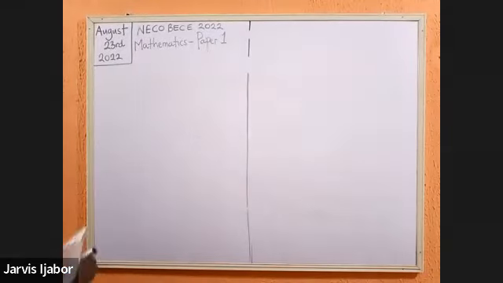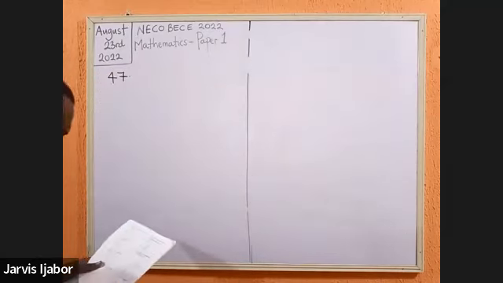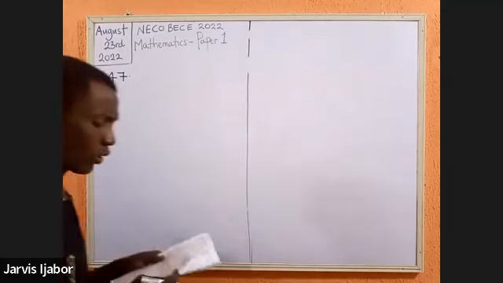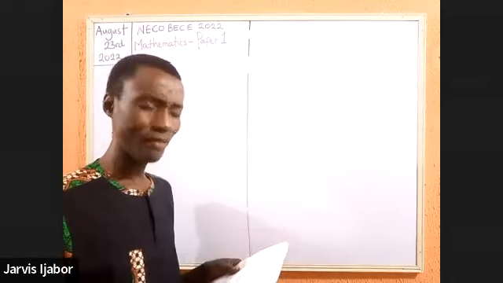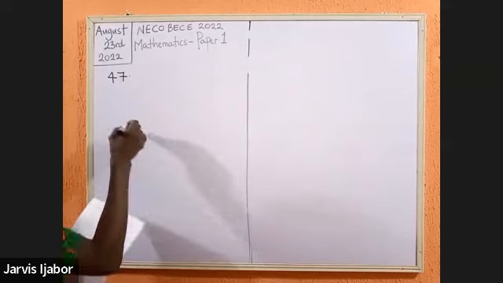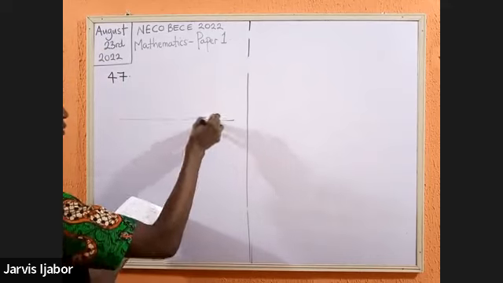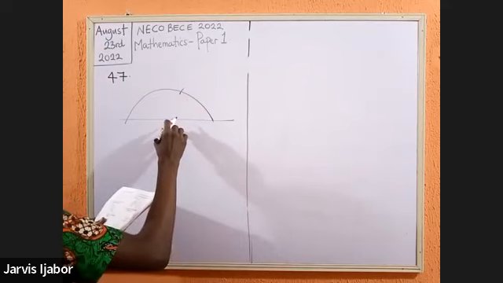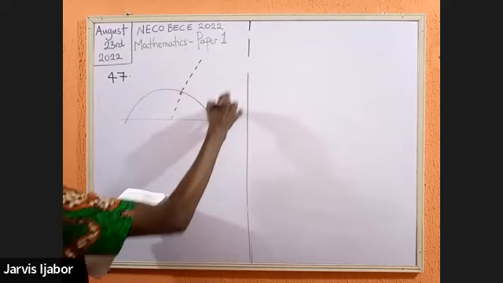So let's go to question 47. It says, what is the size of the angle marked X in the diagram below? I'm going to try to draw that for you. Now, this is testing your knowledge of construction. Same radius, strike an arc, bisect.